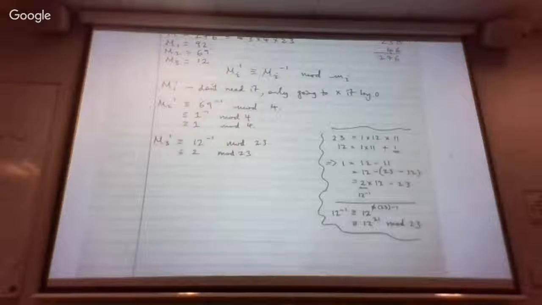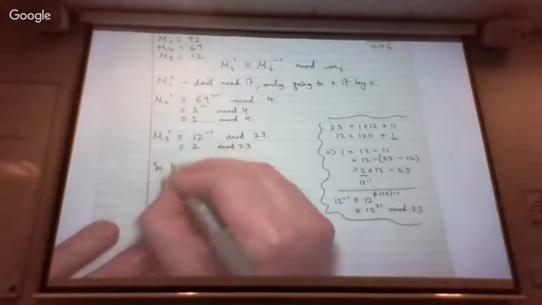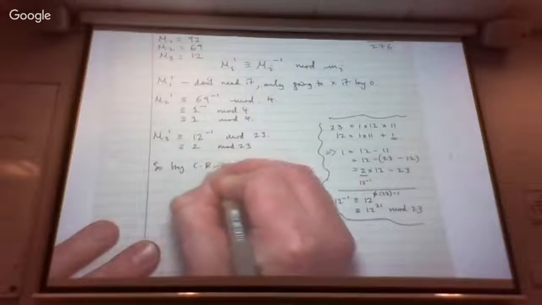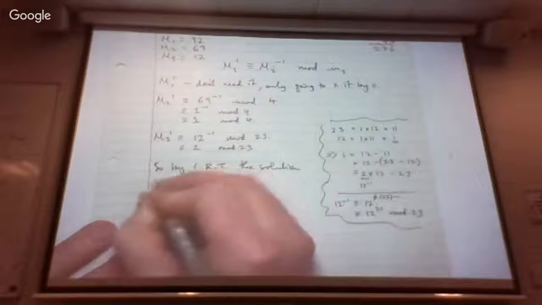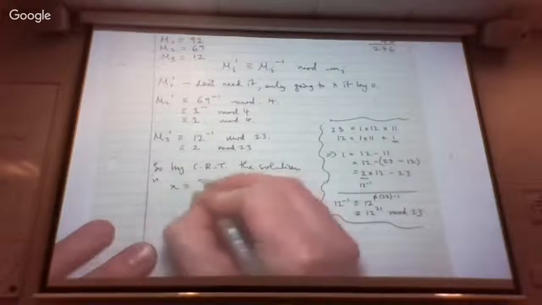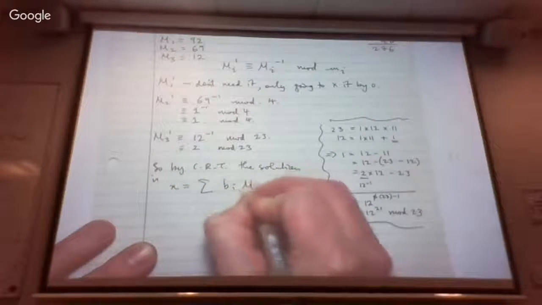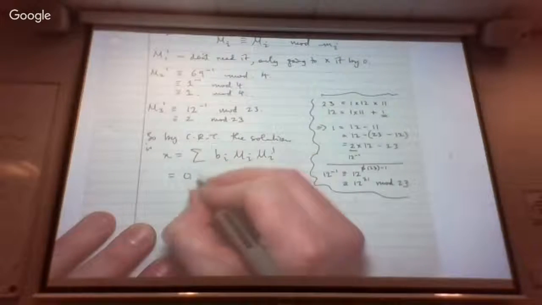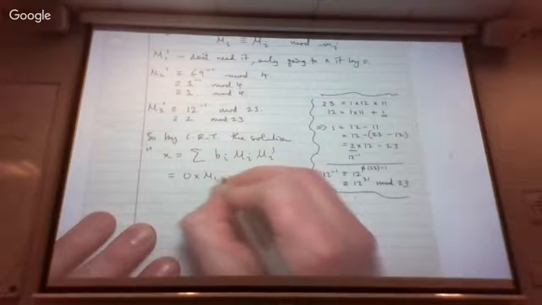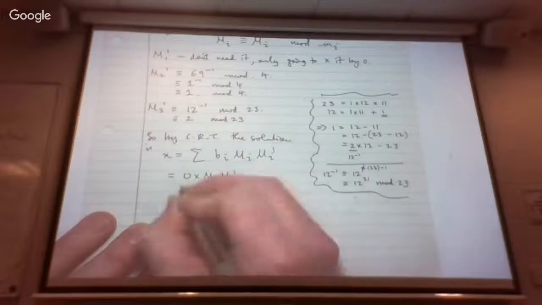So at this stage, we've got all the ingredients we need for the solution. By the CRT, the solution is this x, which is the sum of all these terms, bi times capital Mi times Mi prime. The first one has a 0 in it, because b1 is 0, so we don't need to bother with that.